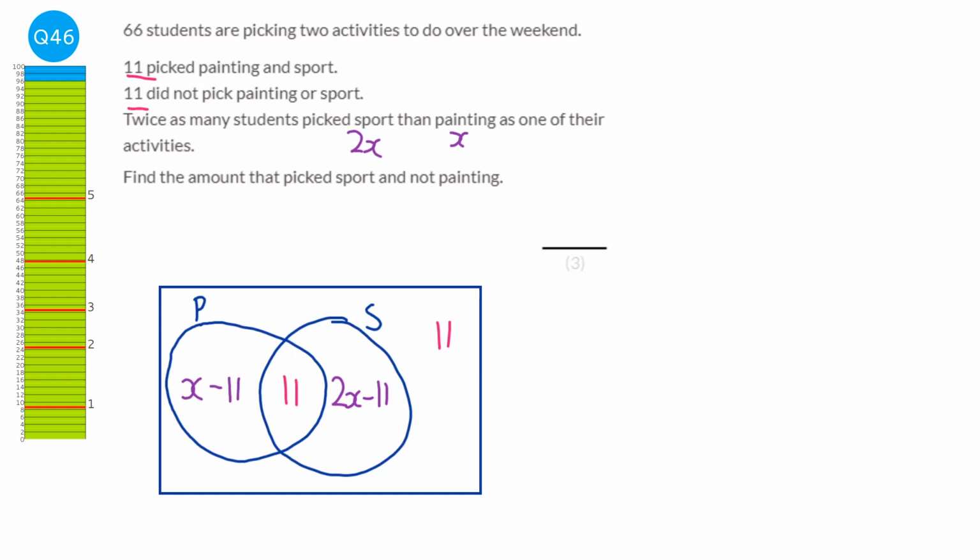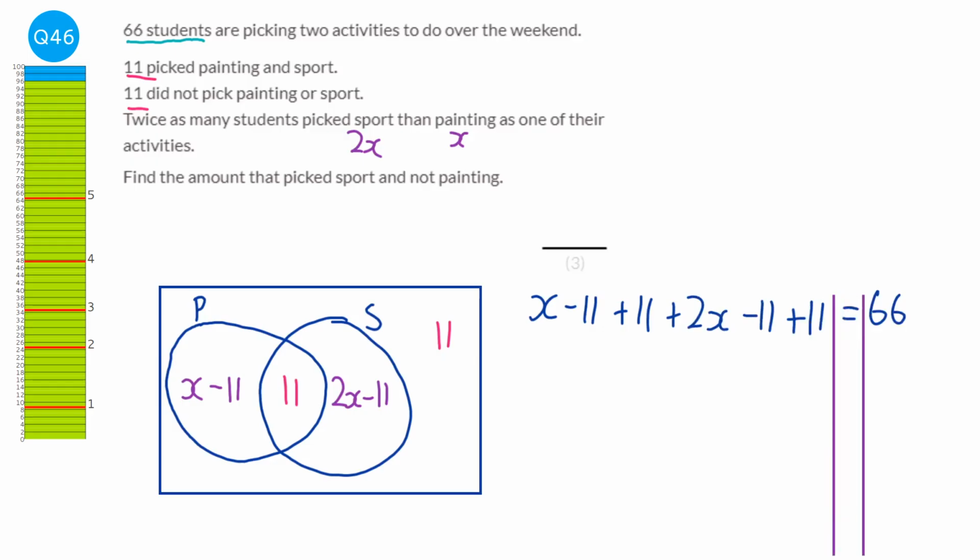Now we know that there are 66 students in total. So what we can do now is add up all of the parts of the Venn diagram and get it equal to 66. So x minus 11 plus 11 plus 2x minus 11 plus 11, and all of that will equal 66.